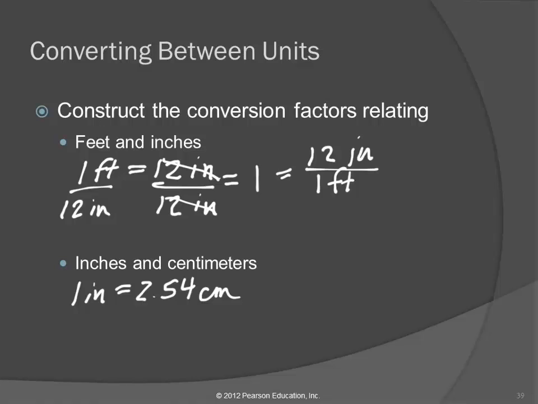What are they? 1 inch over 2.54 centimeters, or 2.54 centimeters over 1 inch. Okay, so any equality, so from that table, all those things, this equals that, you can make two conversion factors from every single one of those. Any questions?